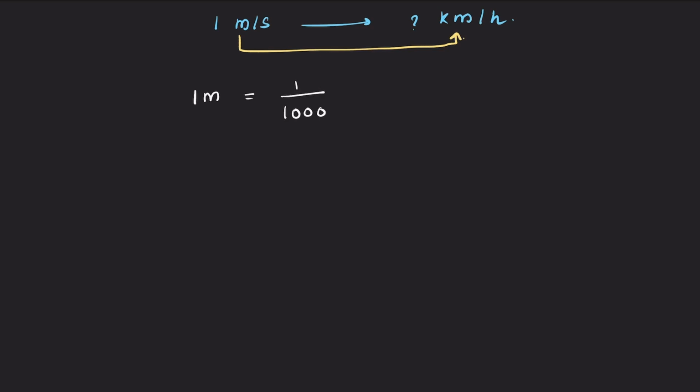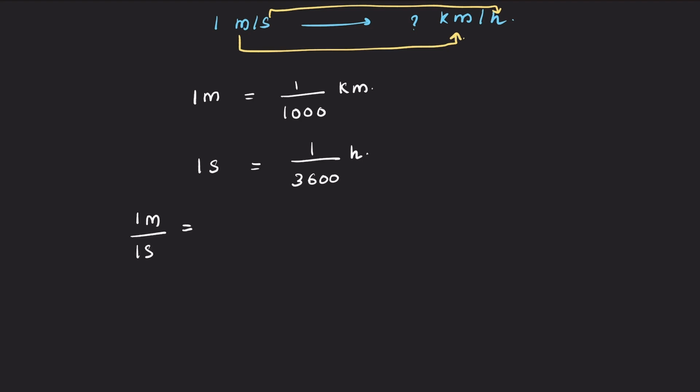Now reverse it. 1 meter per second to kilometer per hour. First, convert the distance. 1 meter is 1 upon 1000 kilometer. Then the time. 1 second is 1 by 3600 hour. Speed is distance upon time, so 1 meter per second, or 1 meter upon 1 second, is 1 upon 1000 kilometer divided by 1 upon 3600 hour.